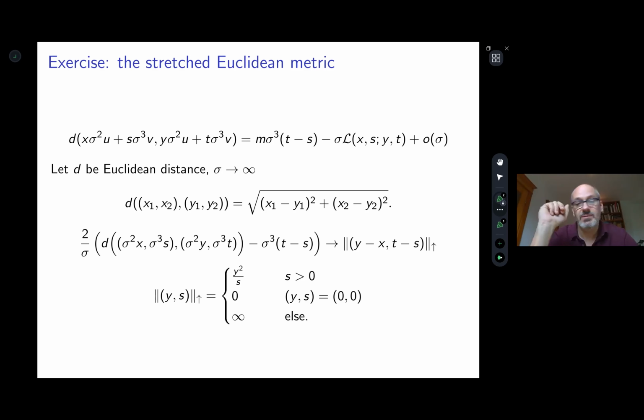It's not symmetric, but it still satisfies the triangle inequality. Also, it can take, in this case, plus infinity values. That just means that this coordinate is a time coordinate, so you cannot go backwards in time. You only have finite distance between points if time t is ahead of time s.